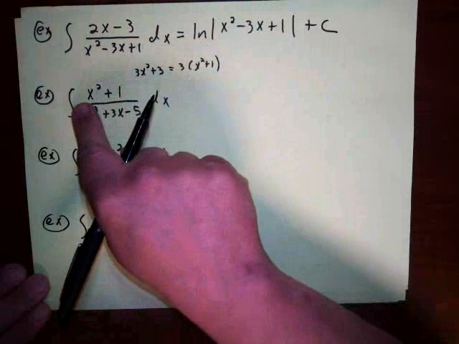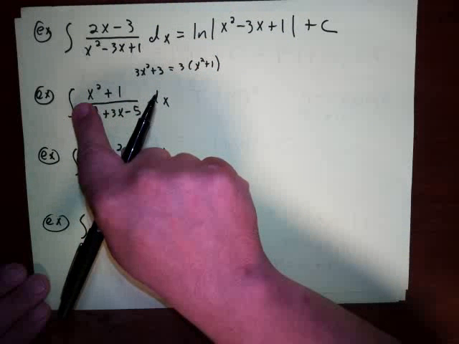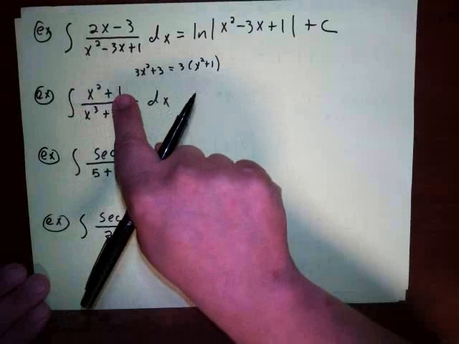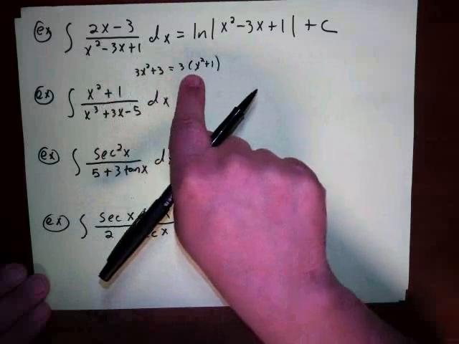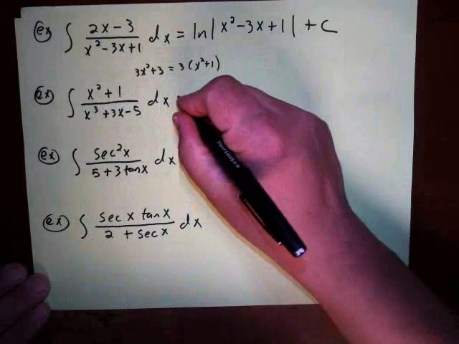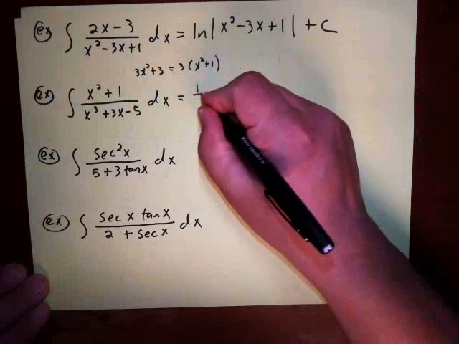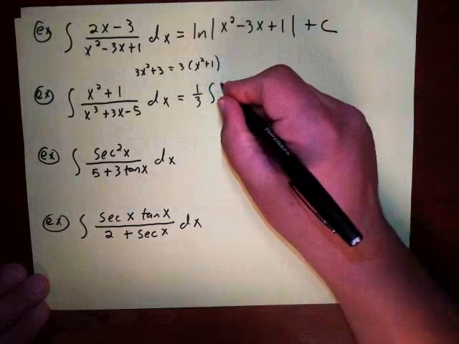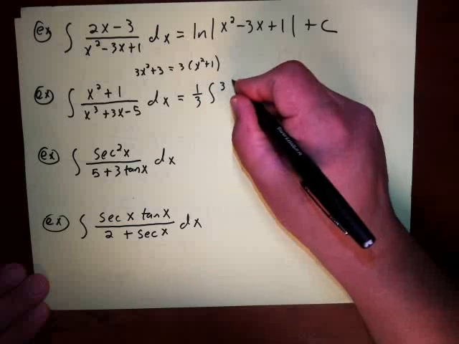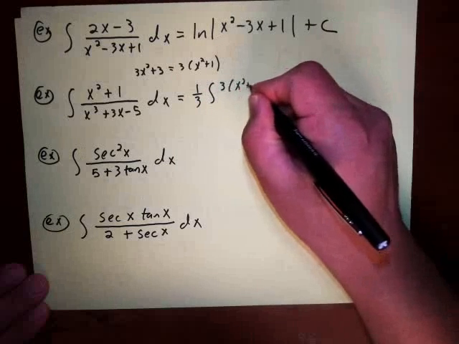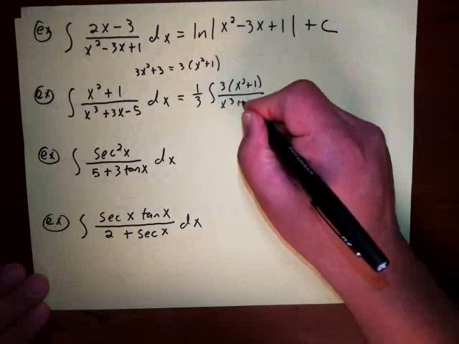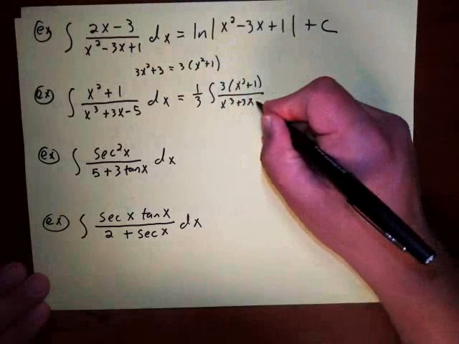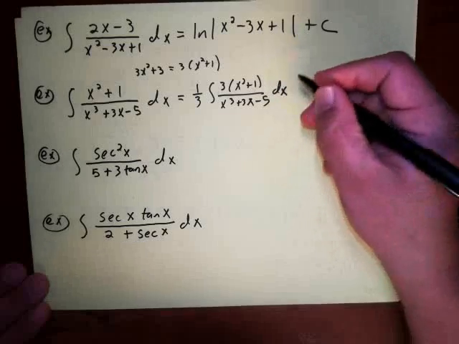So if I had a 3 here that I could multiply through, then I would get the derivative. So I could rewrite this as 1/3, and then I would have 3, and then you'd have the x squared plus 1 all over x cubed plus 3x minus 5 dx.